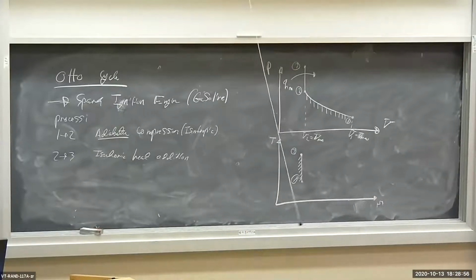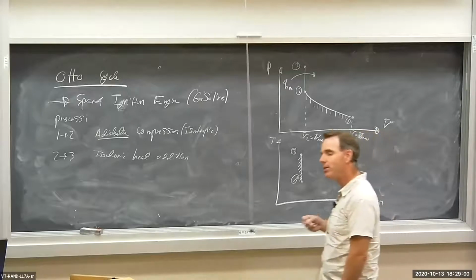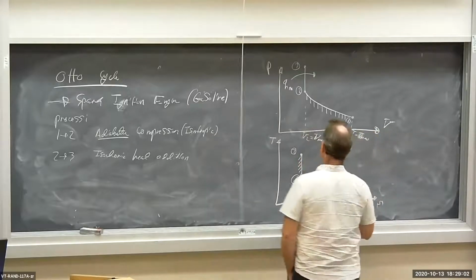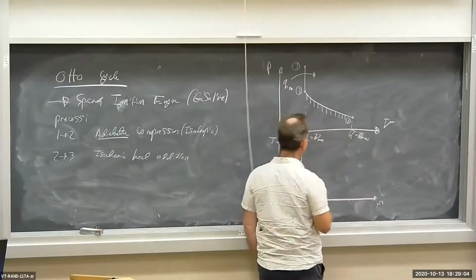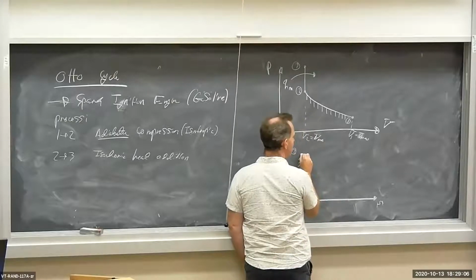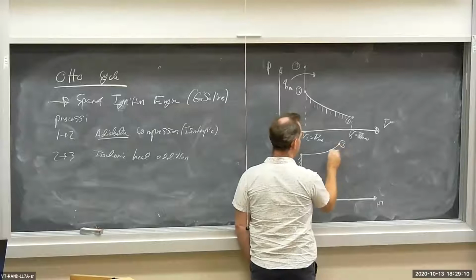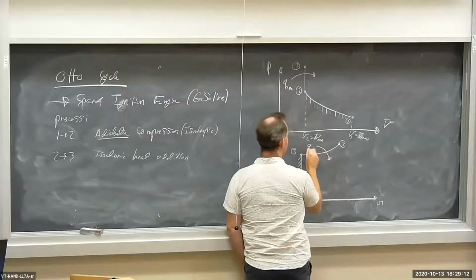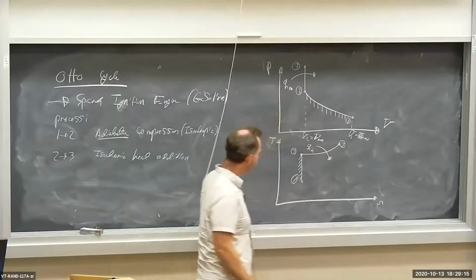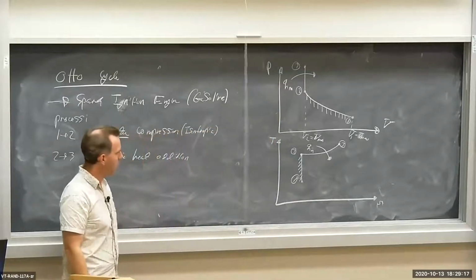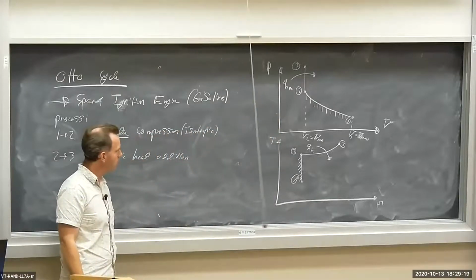Why is entropy going up from state 2 to state 3? Because heat brings in entropy with it. So we're adding heat, therefore we're adding entropy. Temperature and entropy increase, and then we end up at state 3. So Q in 2 to 3.